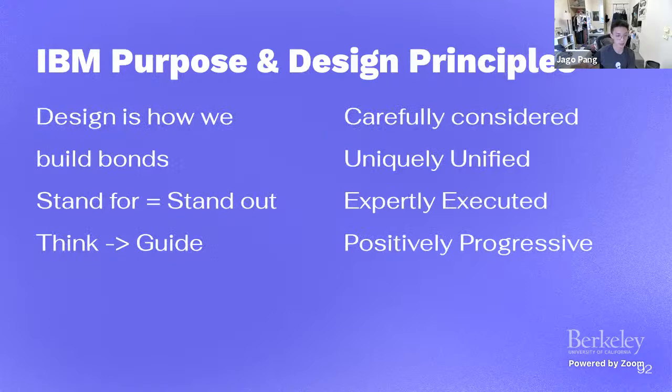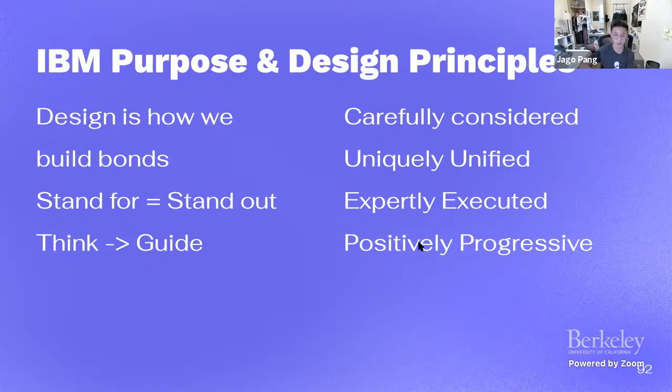Looking at IBM's design system, theirs is called Carbon. On the left is their purpose. For them, the design system is how they build bonds. They have this idea that stand for equals stand out, meaning by standing with the users, they stand out of the crowd, and think to guide, essentially always guiding the users rather than letting them think on their own.